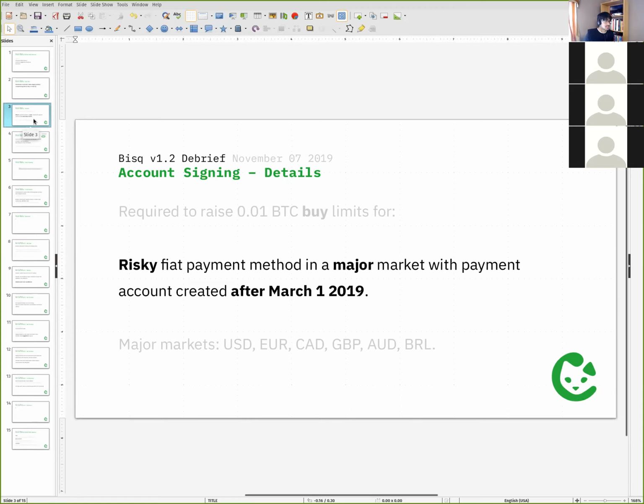Major markets are listed on the slide: the US dollar, Euro, Canada, Britain, Australia, Brazil. All other markets have no limits at all, no matter what payment method you use.